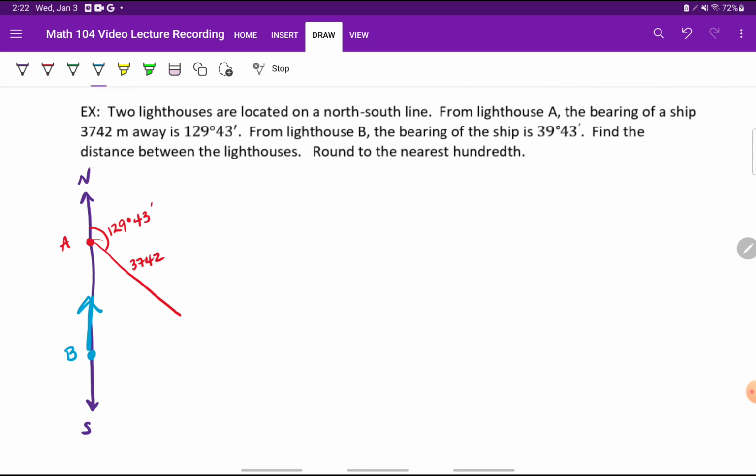It's a bearing, so we always start due north, and then we'll rotate that many degrees. 39 degrees 43 minutes. And they did not give us this distance over here for the blue, but they want us to find this distance in between.